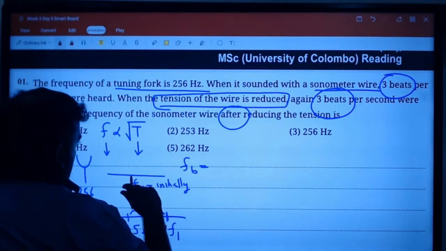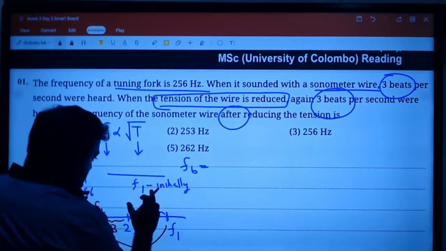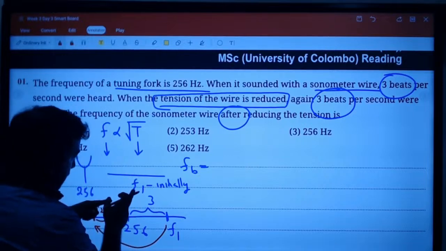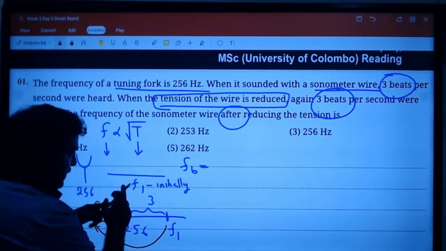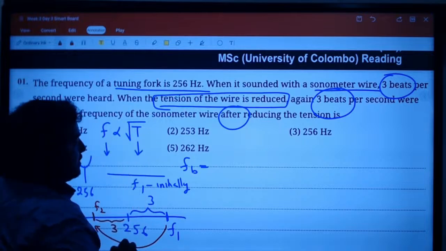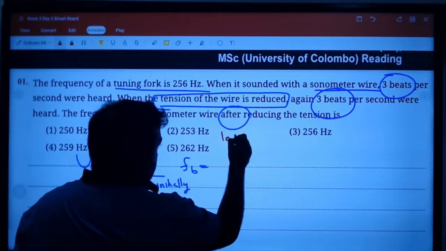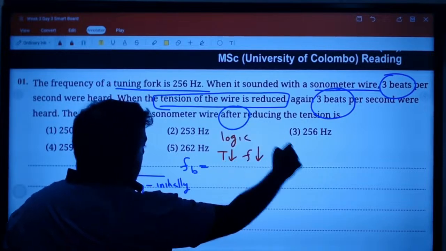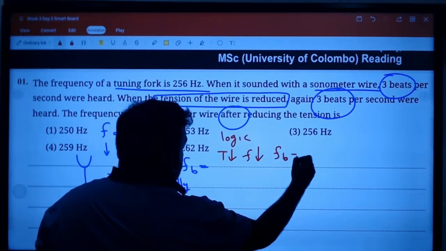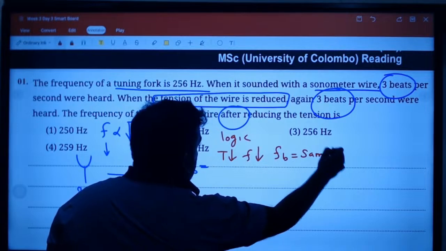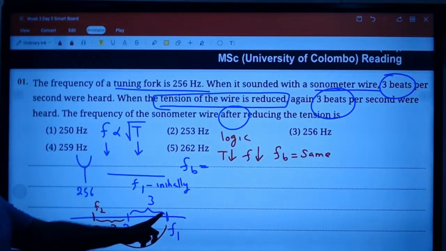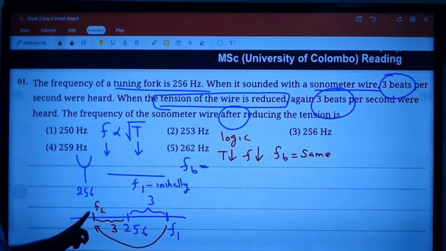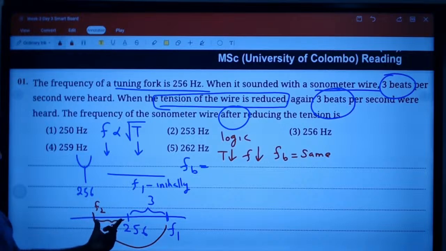So beat frequency is always the difference between these two. This can be larger than that or that can be larger than this. We don't know. But they are giving you a small logic conclusion. Tension reduces, frequency reduces, beat is the same. So the frequency has reduced from here up to here, and the difference between these two will remain the same.